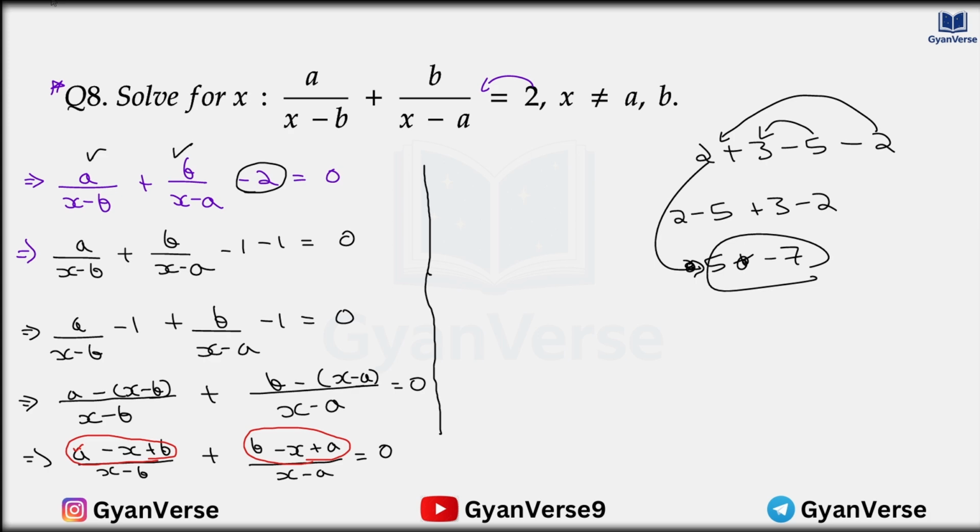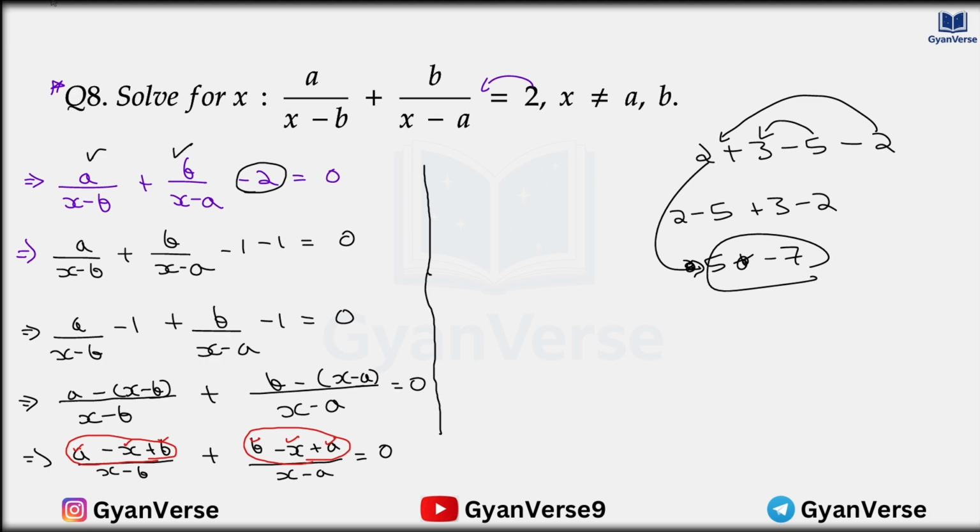The a is positive here, also a is positive; b is positive here, also b is positive; here x is negative, here also x is negative. So it is exactly the same. You can shuffle it, it doesn't matter. You just have to check the sign. If the signs are exactly similar and the variables are also similar, then that means these two are equal. These two are exactly the same thing.